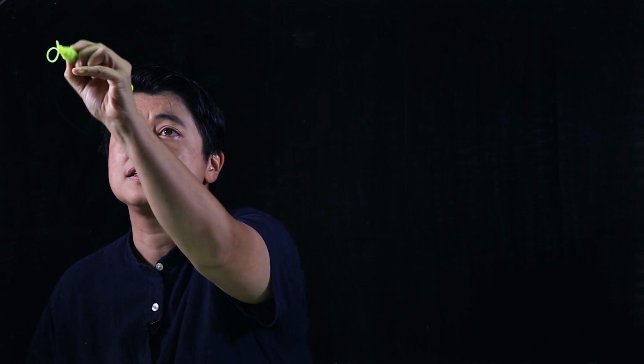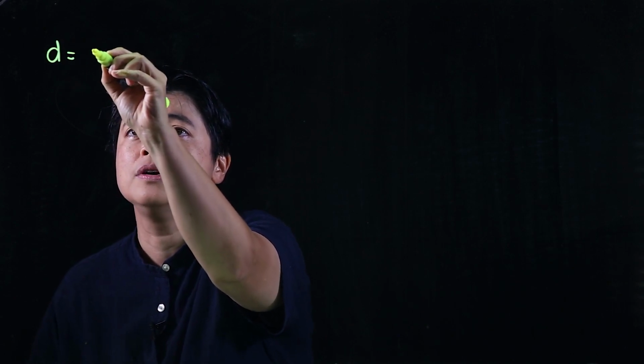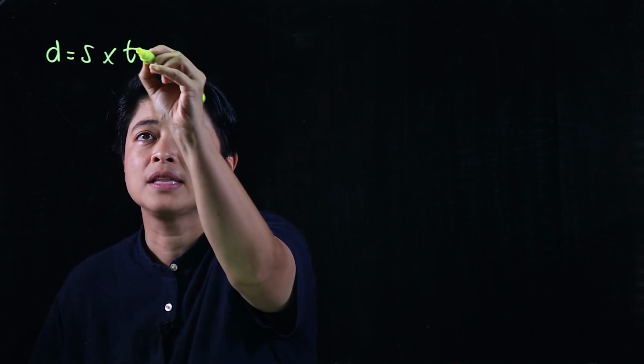Chapter 7, Lesson 3 is solving word problems. So again, since it's solving word problems, that means this is the last lesson of the chapter, which incorporates the previous lessons. So I'll write down on the board again the formulas that we need. Distance is equal to speed times time.